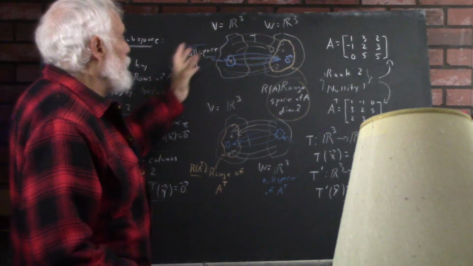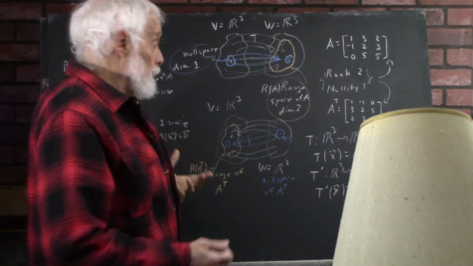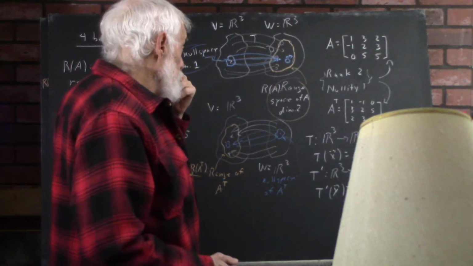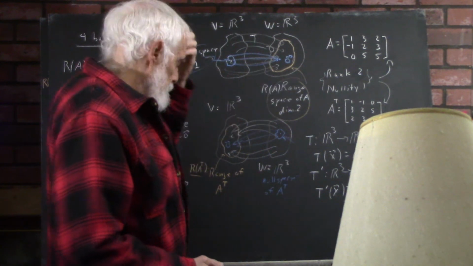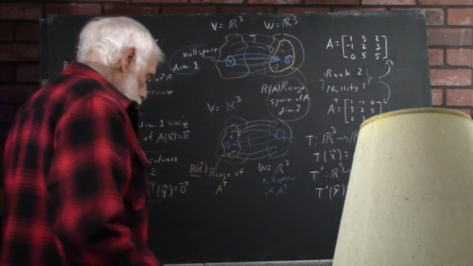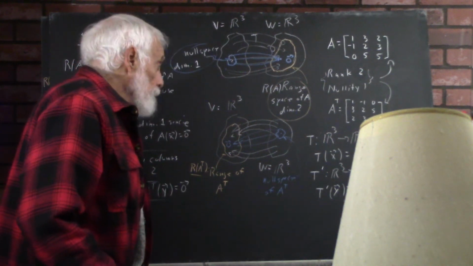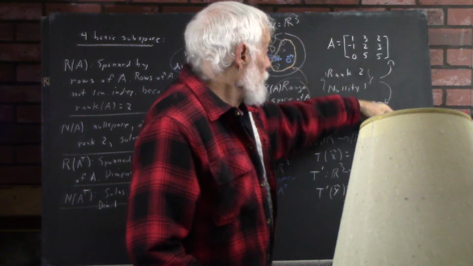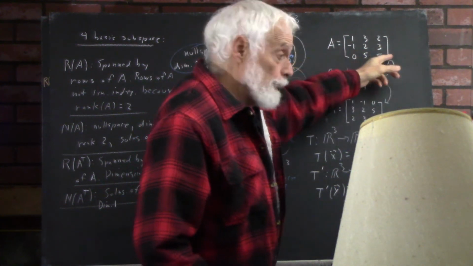Then we have the range of this transformation, and that's going to be a 2-dimensional range. Its basis would be the rows of A. We see that simply because if you multiply A by the vector 1, 0, 0, we get the first row. Multiply by 0, 1, 0, you get the second row.